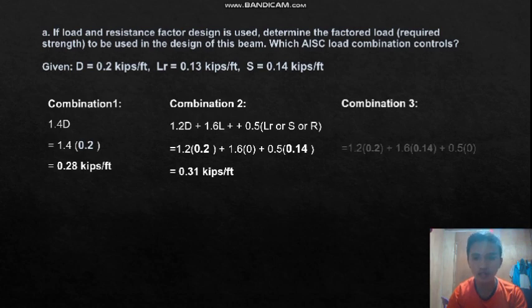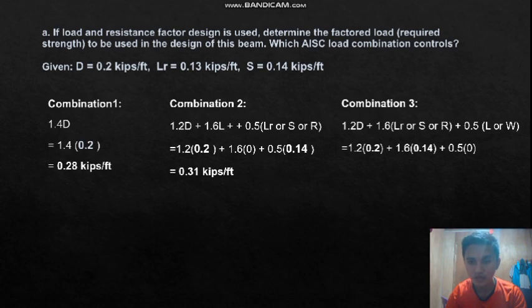So combination 3, 1.2D plus 1.6 multiplied by (Lr or S or R) plus 0.5(L or W). Here we used the snow load because its value is larger. Then this is 0 since we don't have live load or wind load.